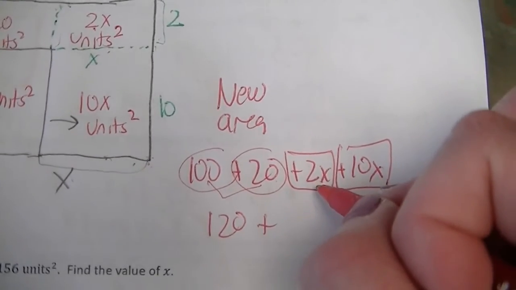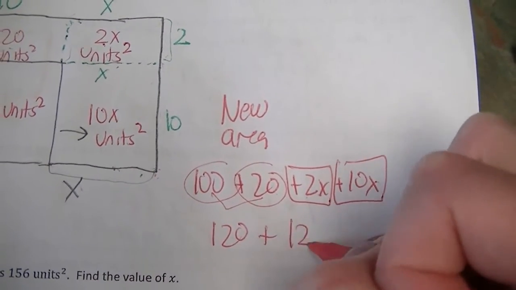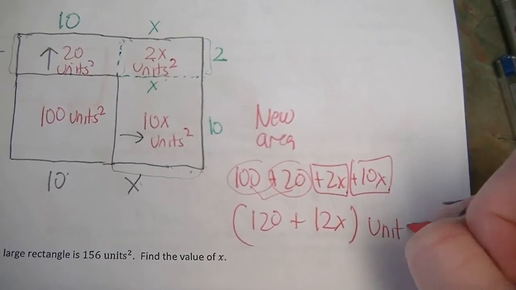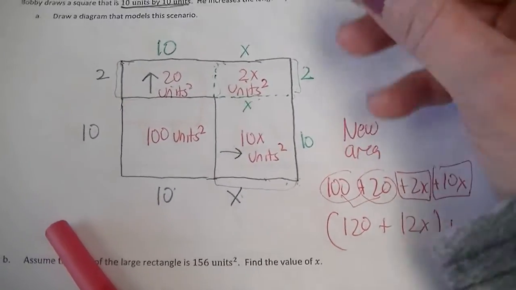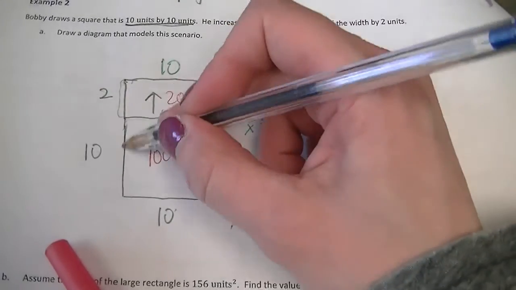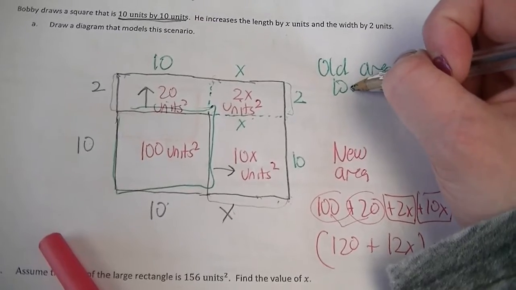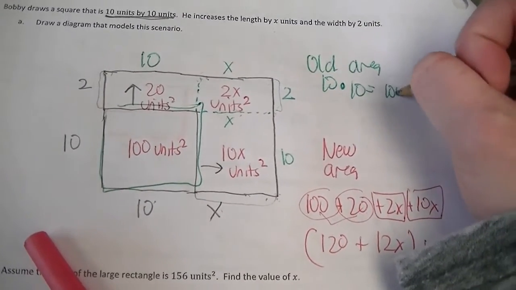So the simplest we can get this area would be 120 plus 2x plus 10x, which is 12x. This amount right here, units squared, is the new area. Okay? And the old area was just this right here, 10 by 10. 10 units by 10 units, length times width, which was 100 units squared.